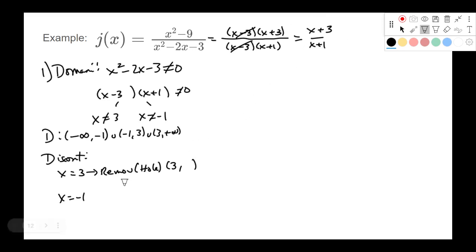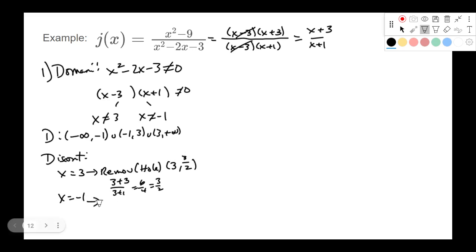So that's going to be 3 plus 3 over 3 plus 1, which is 6 over 4, which is 3 over 2. There is my removable hole. So my hole is going to be at the point 3, comma, 3 over 2.